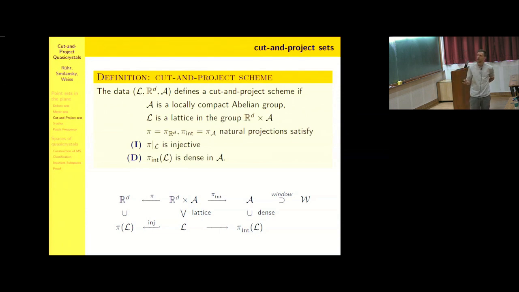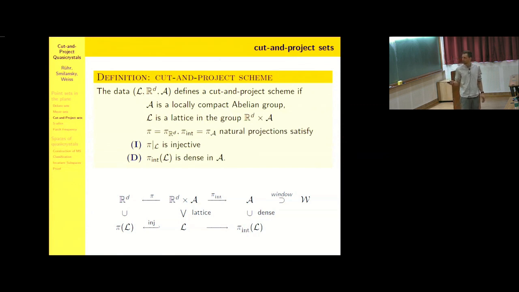Besides this triple, I'm going to require two properties, which I denote by I and D. I means that the projection to the physical space, restricted to your lattice, is injective, and the property D says that the projection to the internal space has to be dense. These are the assumptions of a cut and project scheme.